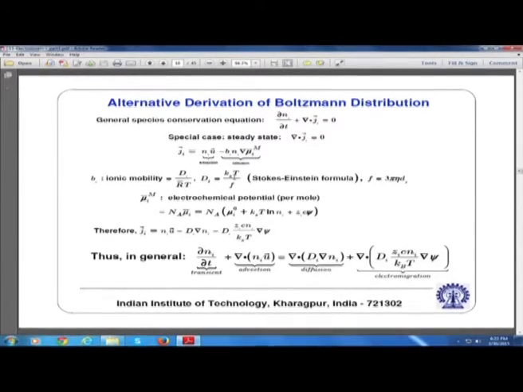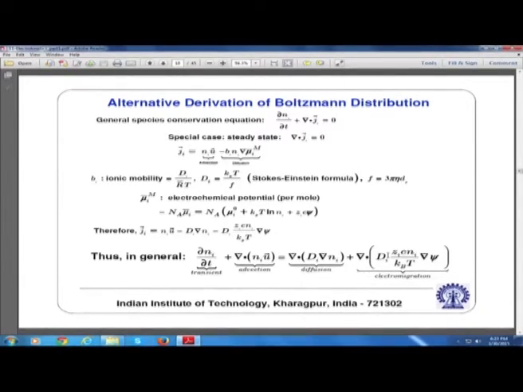Now, you have to keep in mind that you can derive a more general expression. That is why the derivations are important. If you say that I want to relax the constraint that the solution is an ideal solution, then simply what you do is replace the mole fraction by activity. Then you can write a modified version of the Nernst-Planck equation that no more considers an ideal solution. So, it is possible to generalize.